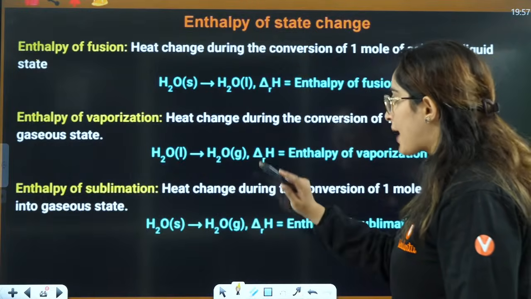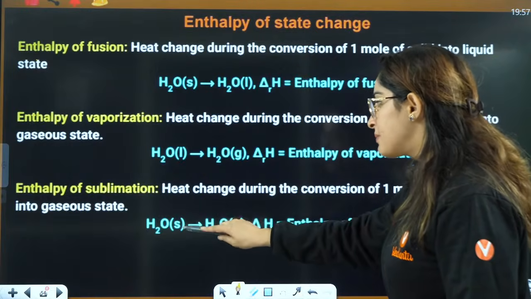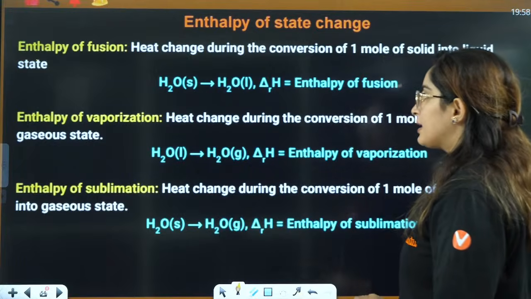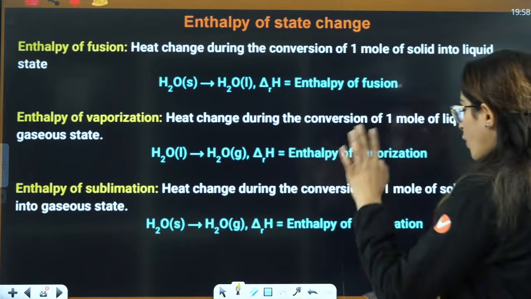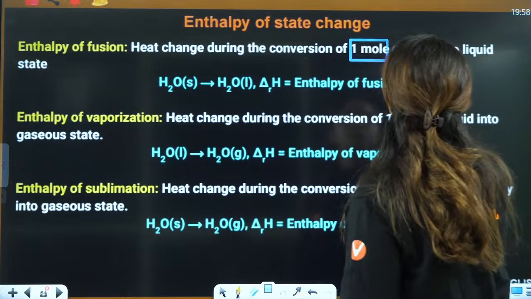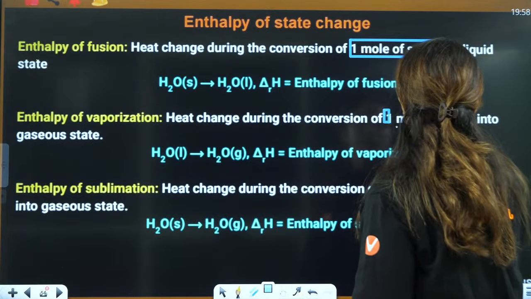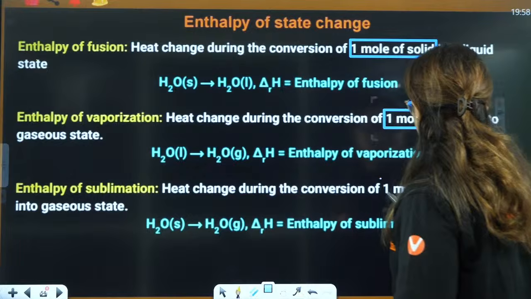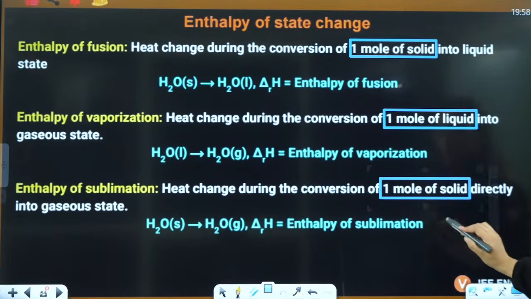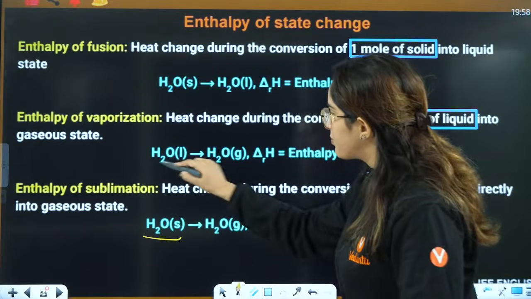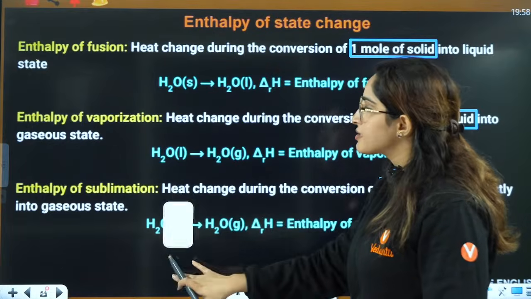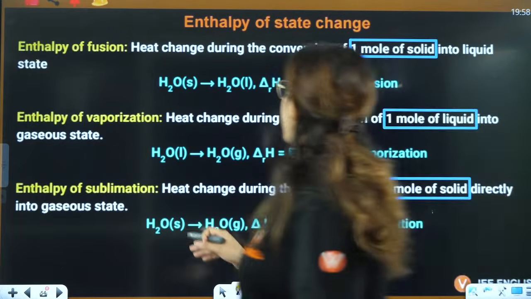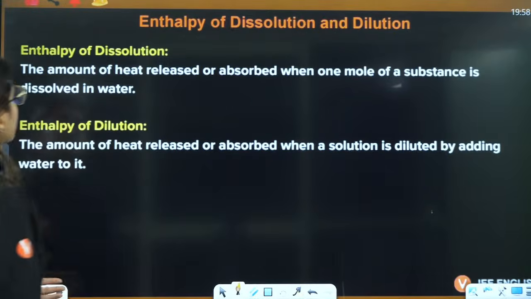Vaporization is liquid to gas, and sublimation is solid to gas. So it is the heat change during conversion of 1 mole of solid, 1 mole of liquid, 1 mole of solid. That means the reactant has to be 1 mole here. So this is about phase transformation, when the state is changed.